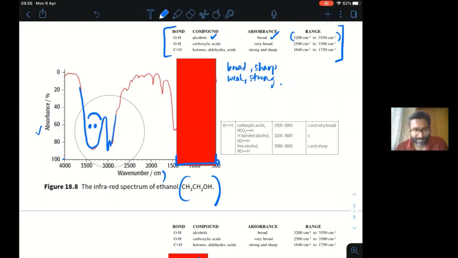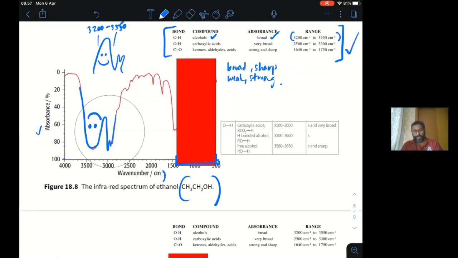Can you see that? Yes. If you get that, most likely it's going to be alcohol. But make sure that this peak is from 3,200 to 3,500 or 3,550.